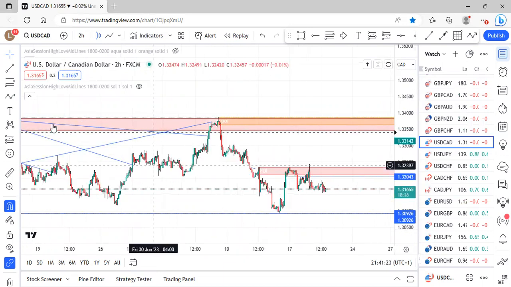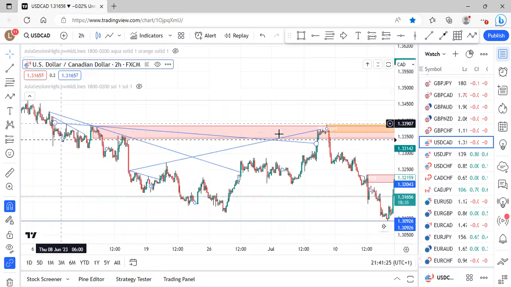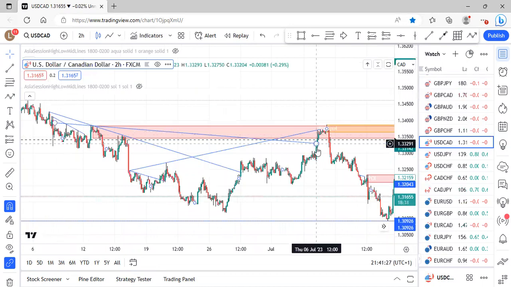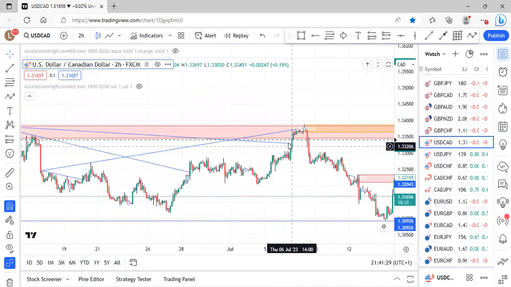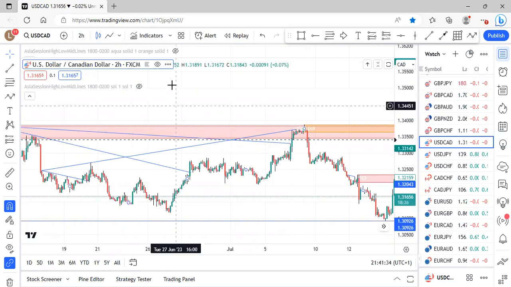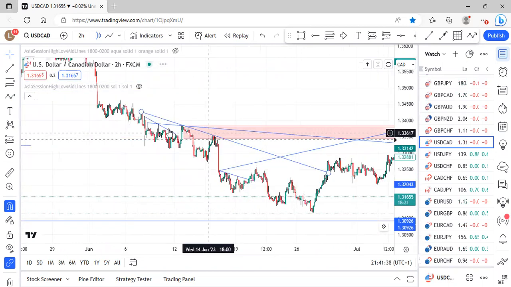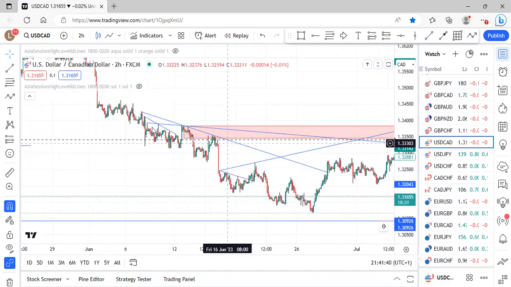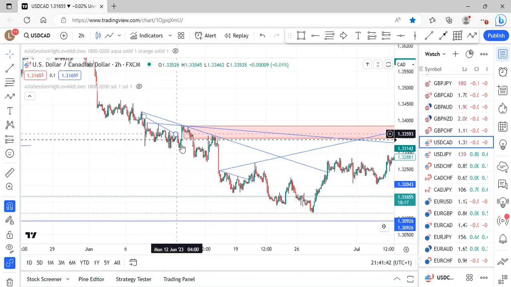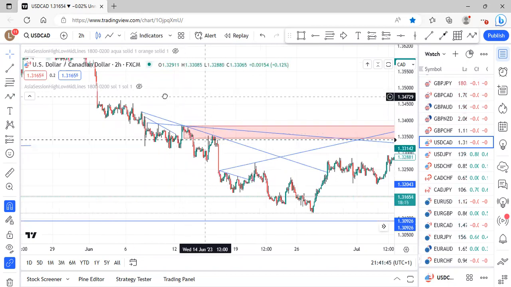Same as this one here, touch. It pulls back in here slightly, more like on a lower time frame, sweep. So I really like precision. Touch, retracement, sweep.